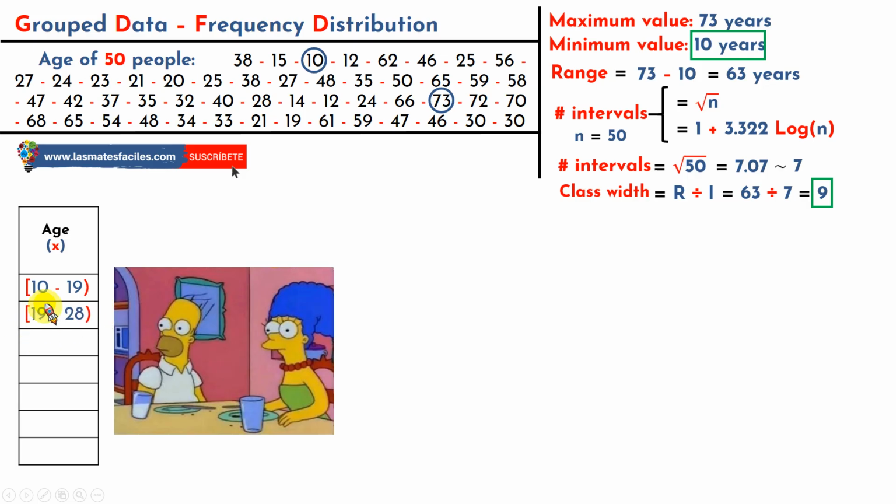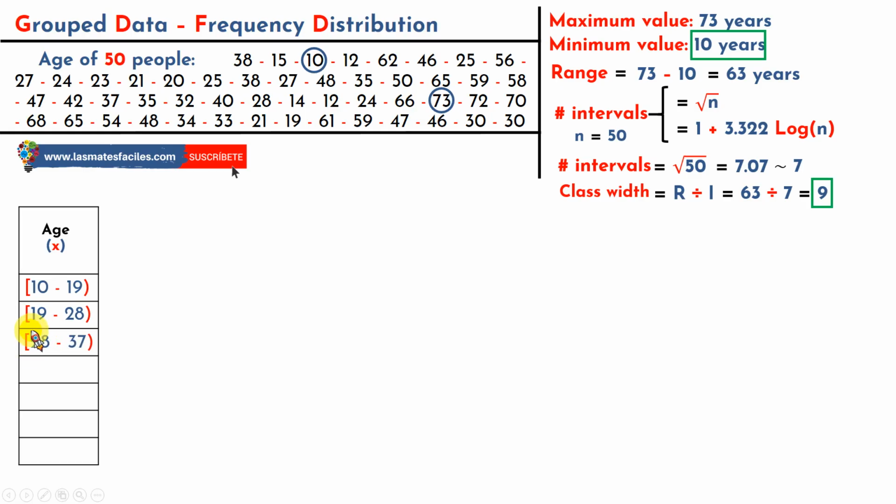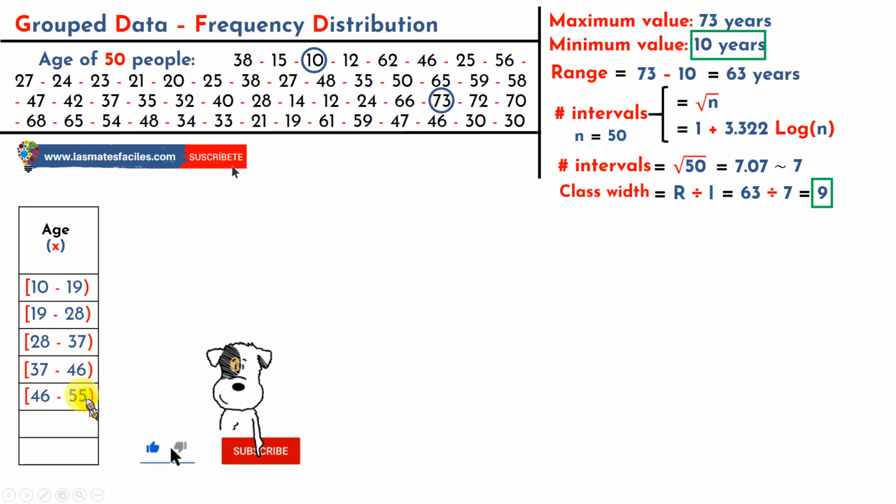Here we include those who are from 19 to less than 28 years old. Here I don't count those who are 28 years old. The next interval would be from 28 to 37, because 28 plus 9 is 37. Here we count those who are 28 years old, but we don't count those who are 37. Look, I keep adding 9 by 9 until the end.